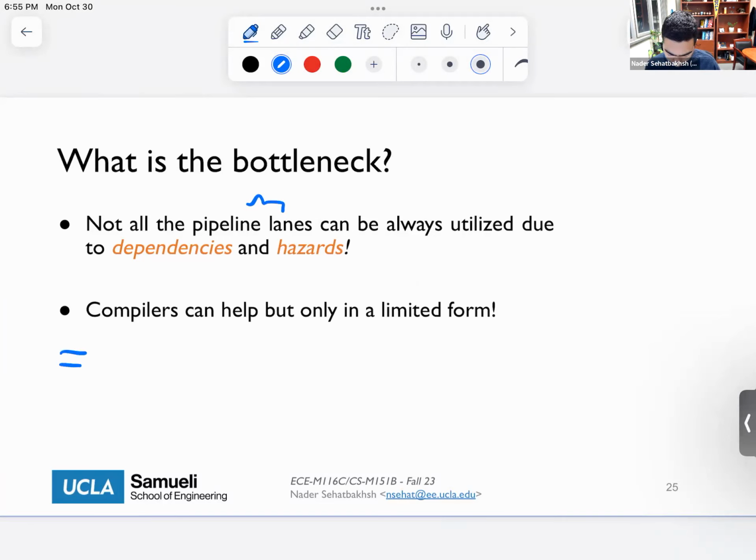For example, if you have a 2-issue superscalar and the compiler can somehow reorder these instructions such that these two are independent, these two are independent, these two are independent, you can always fill the pipeline. But compilers can only help in a limited fashion because a compiler cannot search through the entire program and find the independent instructions. So we need a much more efficient solution to fix this issue.